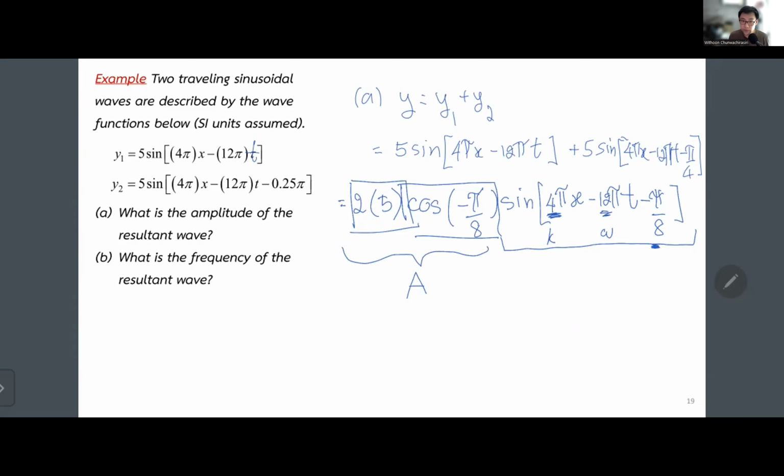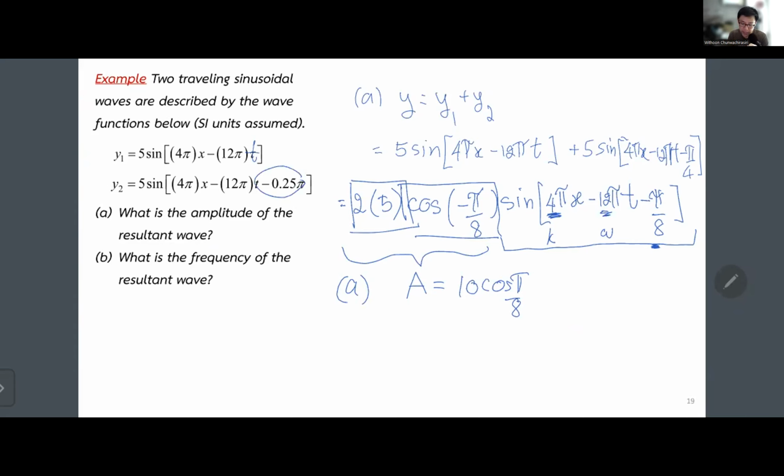Okay. Cool? All right, so you can say that for part A the amplitude is just 10 cosine pi over 8. It's not as high as 10 because we know that if it's perfectly combined, the maximum possible combination is an amplitude of 10. But right now, the phase difference is just pi over 4, a 45-degree difference.